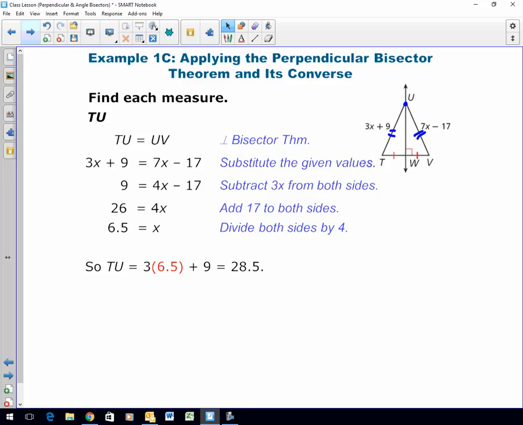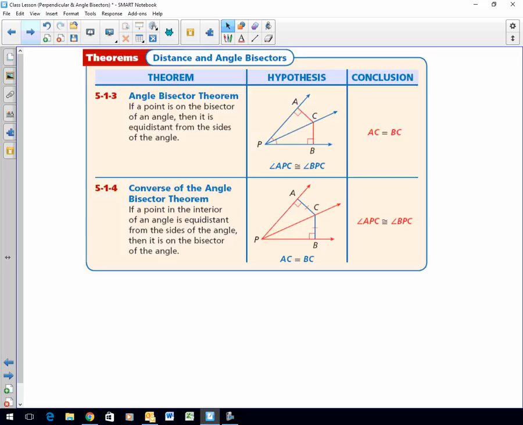So if I want to solve for TU, I set 3x plus 9 equal to 7x minus 17. Solve for x. I get 6.5. I substitute 6.5 in for x: 3 times 6.5 plus 9 gives me 28.5. Right? Okay.